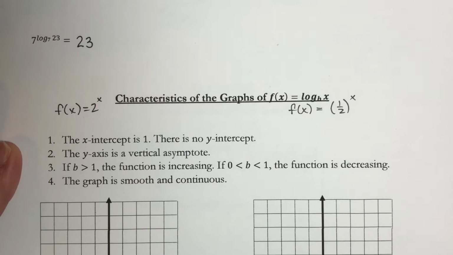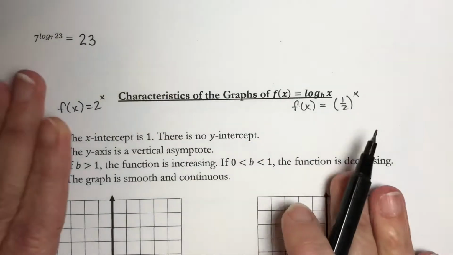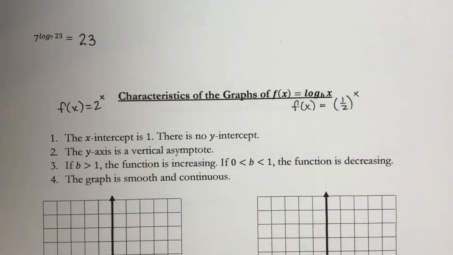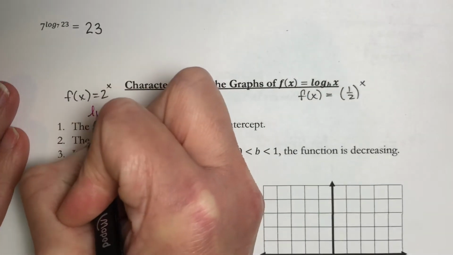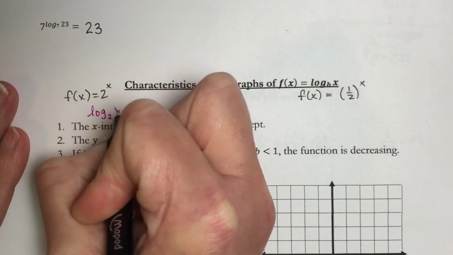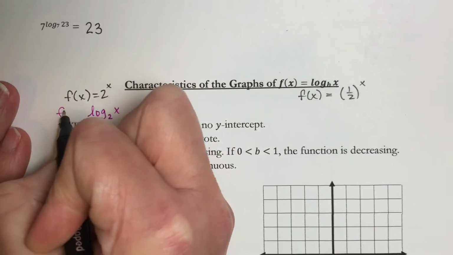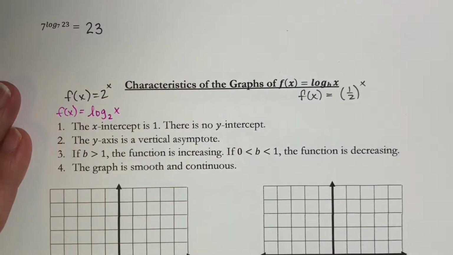And we're going to talk about the logarithms of something very similar to these. So what I'm going to do on this one is worry about log base 2 of x. So I'm going to graph f of x equal to log base 2 of x.